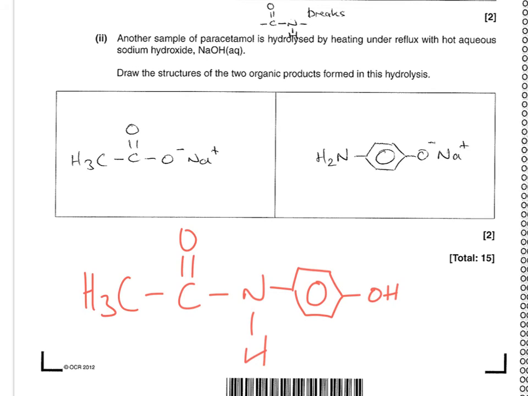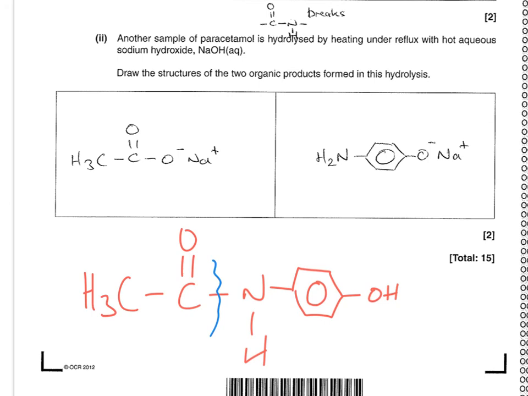The very last part of the question is testing our knowledge of hydrolysis reactions, and so the paracetamol is being hydrolyzed by heating under reflux with hot aqueous sodium hydroxide solution, and we've got to come up with the two organic products formed. The first thing to note is the bond that's going to break will be this one here. Because we're using aqueous sodium hydroxide, we don't get carboxylic acid here.